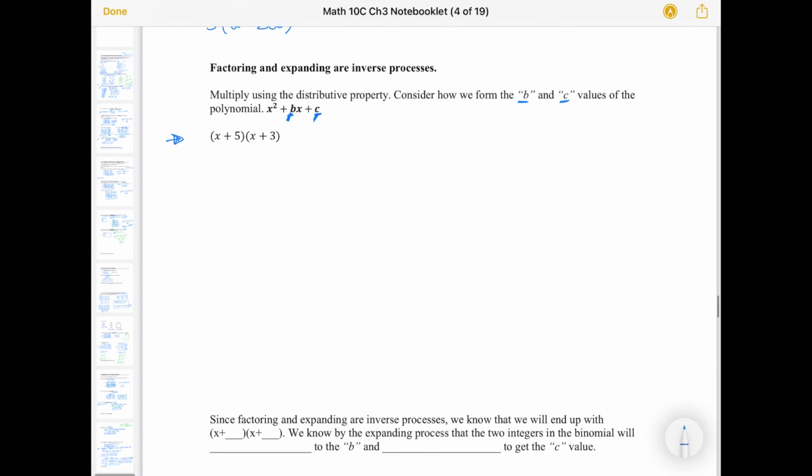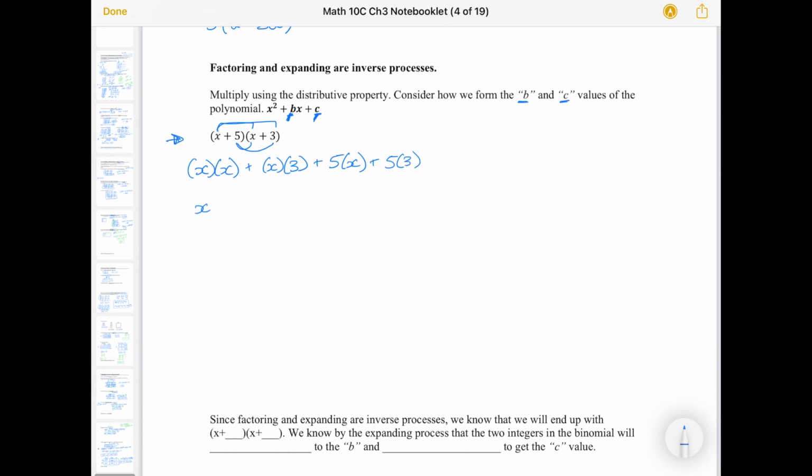So distributive property, x times x plus x times 3 plus 5 times x plus 5 times 3.